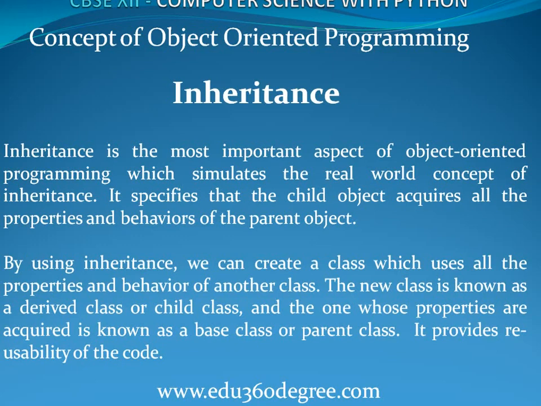It specifies that the child object acquires all the properties and behaviors of the parent object. The child object is known as the subclass, and the class from which you are acquiring the members and functions is called the parent class or the superclass. It provides us the flexibility of reusability of the code.